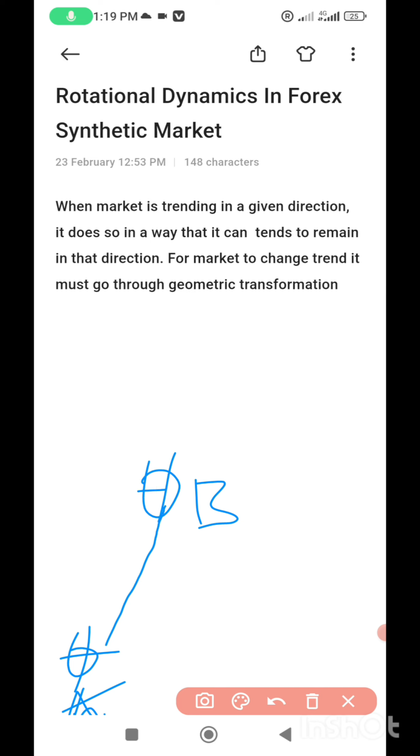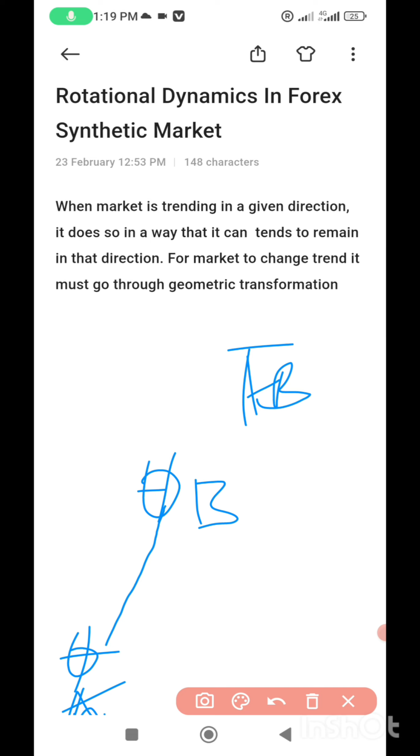The market may not just move on a straight line. What we call a trend is this segment AB. So as long as the length of this movement is longer than any other length within that vicinity, we say that this market is actually trending right now.